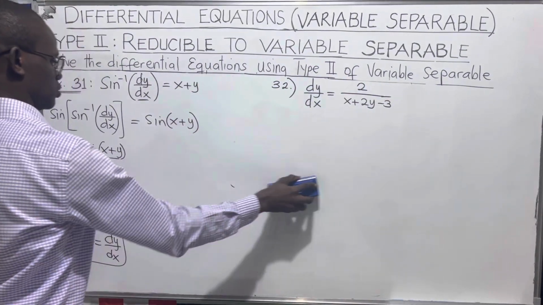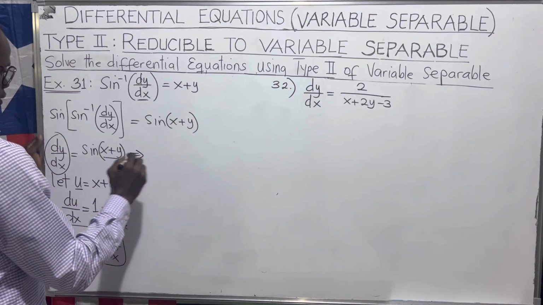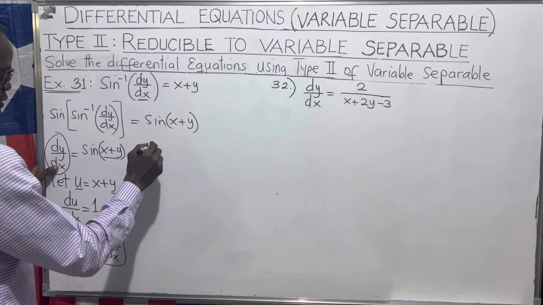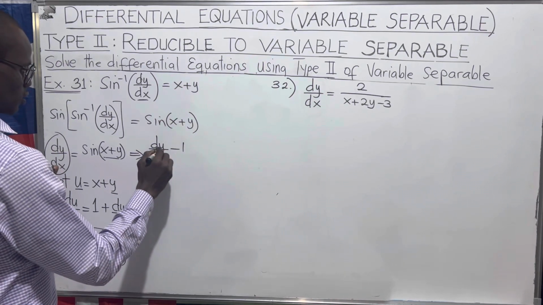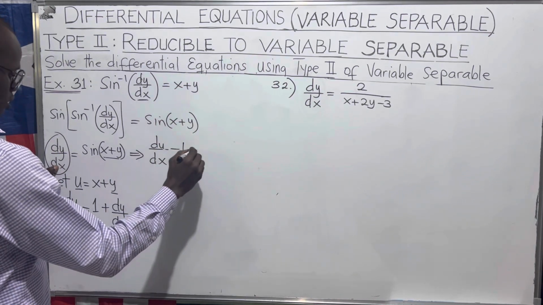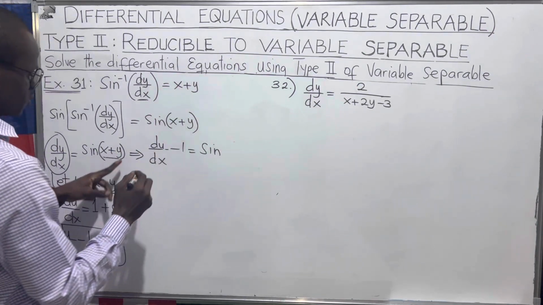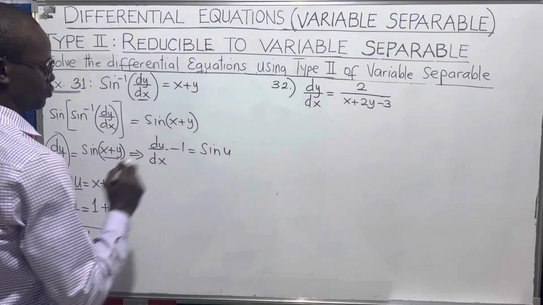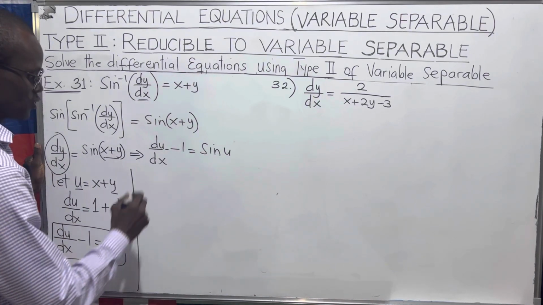We can replace now. We have dy by dx equal to du by dx minus 1, which equals sine of x plus y, but x plus y is just u. So we can now separate the variables.